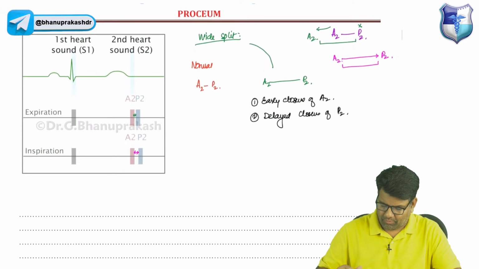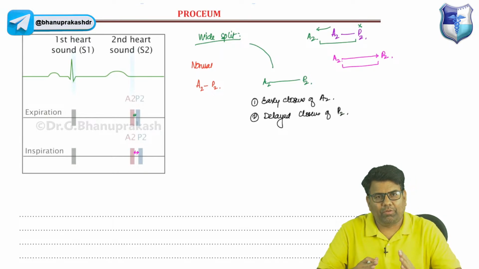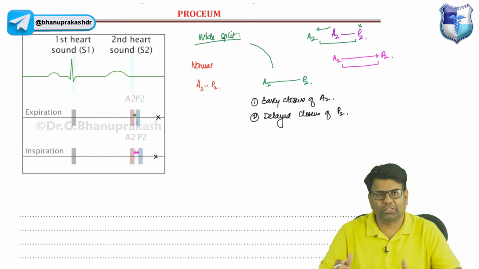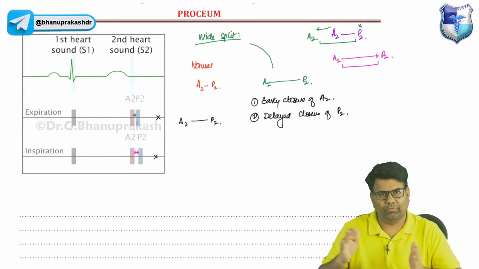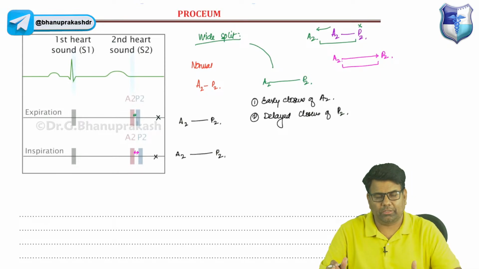Now when we use the word wide, it means the gap between the aortic and the pulmonary component is more. In other cases, the gap remains the same during expiration and inspiration, so that variation is not seen with the phases of respiration. Whatever the distance, if A2, P2 is like this, there is a widening, a gap, but it is not changing with the phases of respiration.